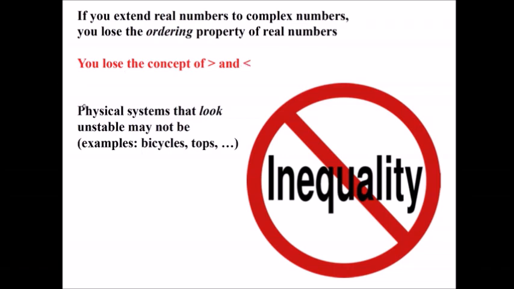So when you say a physical system is unstable, what you mean is that it doesn't have a ground state. It can fall down. But when you say the energy is unbounded below, you are using an inequality symbol, and when you're talking about complex numbers, you cannot use that symbol. So physical systems that look unstable may not be unstable, like bicycles and tops.